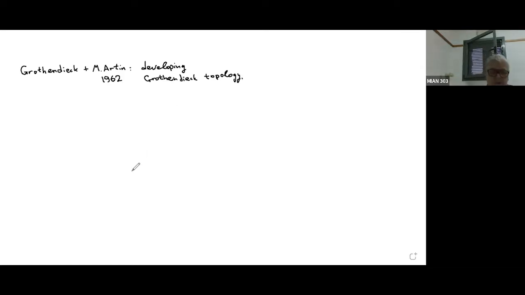Now we finally come to the heart of this course, and I have to admit that during these lectures I have never given the precise definition of Grothendieck topology.